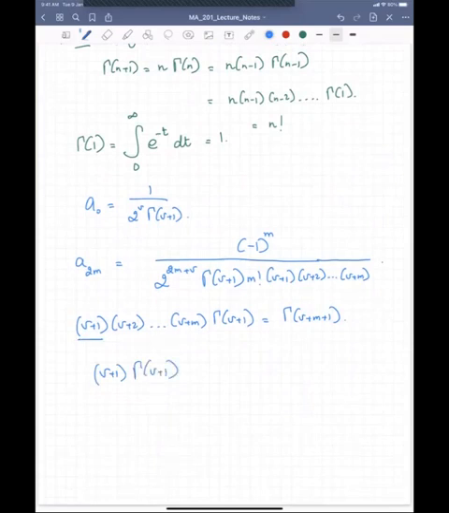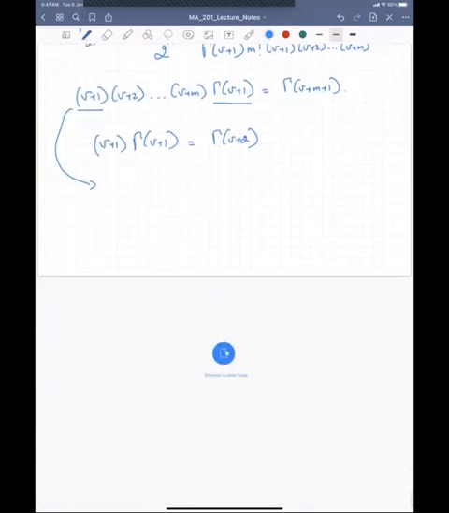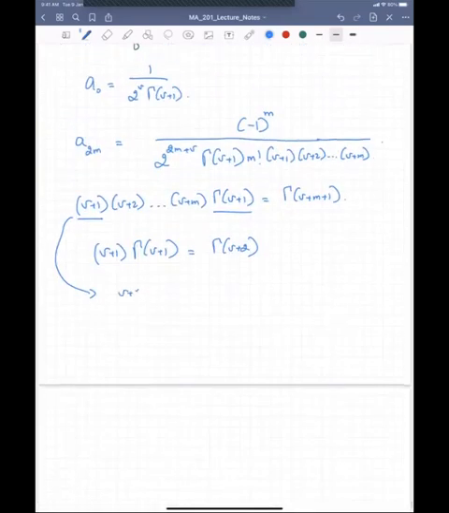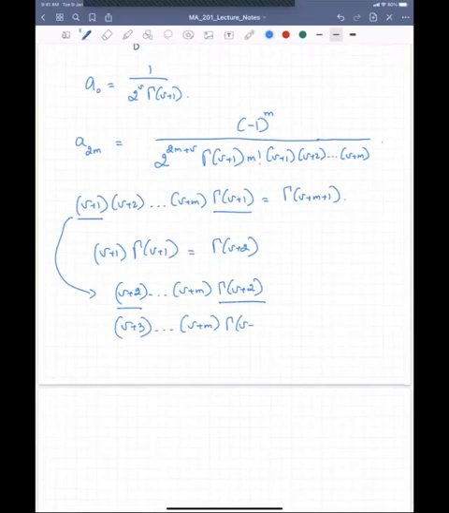So look at this factor and this factor. That can be written as gamma nu plus 2, right? So this product can now be written as, you start with nu plus 2 now, go all the way to nu plus m, gamma nu plus 2. But now combine this and this, because nu plus 2 times gamma nu plus 2 would be gamma nu plus 3.